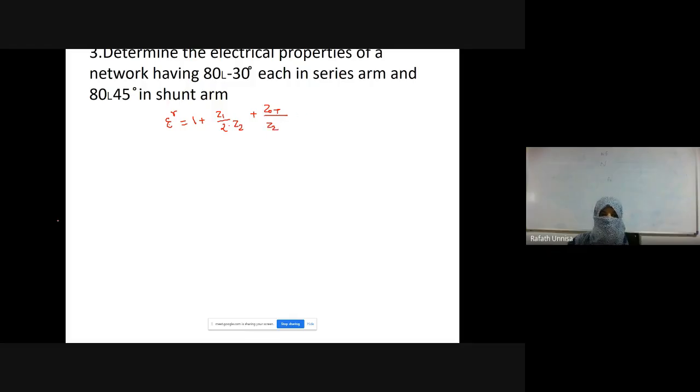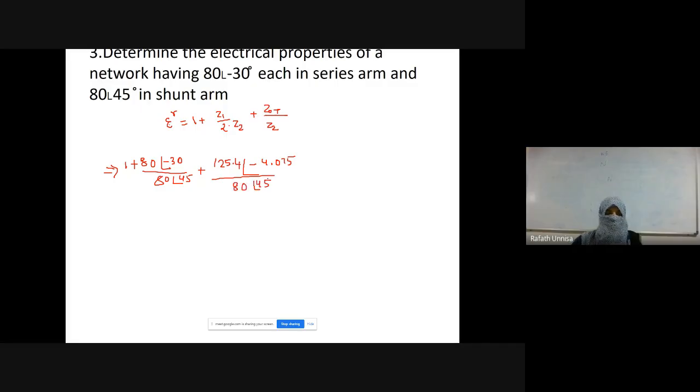Now this is equal to 1 plus Z1 by 2, which is 80 at an angle of minus 30, divided by Z2, which is 80 at an angle of 45, plus ZOT, which we got as 125.4 at an angle of minus 4.075, divided by Z2, again 80 at an angle of 45.